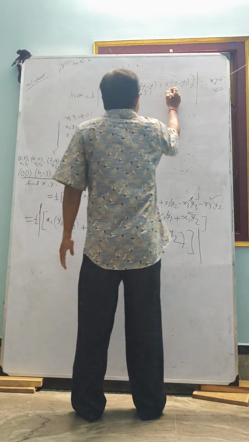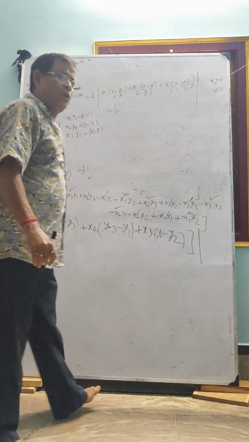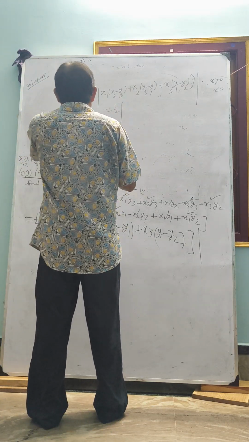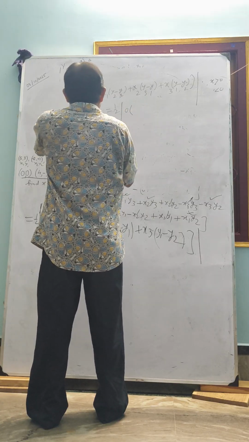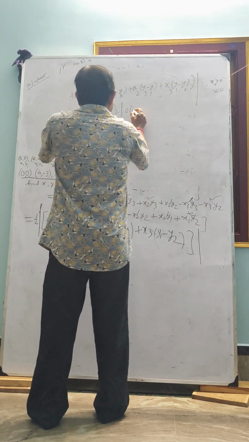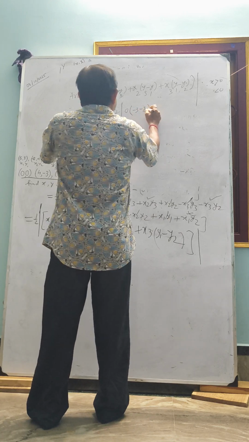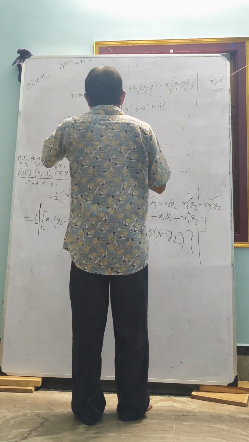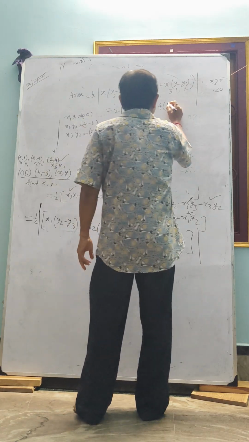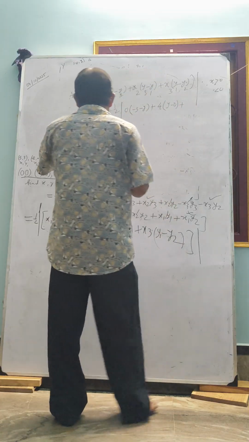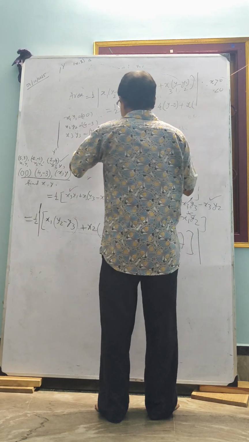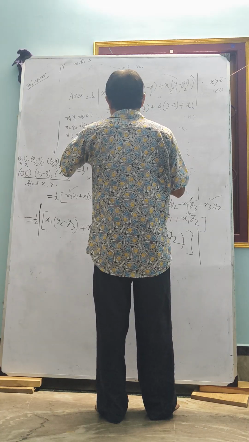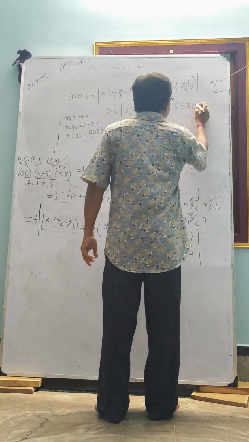Putting the values in the same formula: x1 is 0, into y2 minus y3, that is minus 3 minus y, plus x2, 4, into y3 minus y1, that is y minus 0, plus x3, that is x, into y1 minus y2, that is 0 minus (-3).